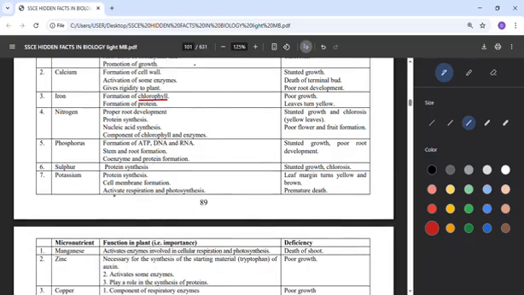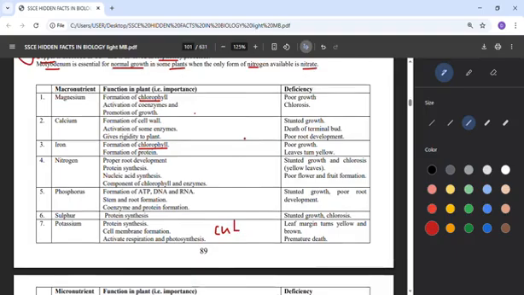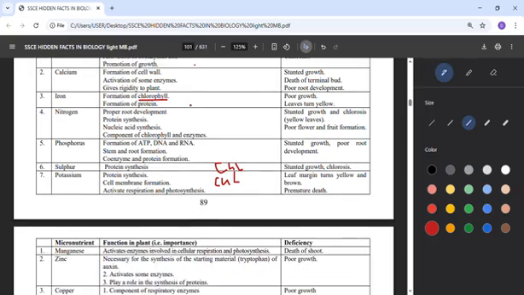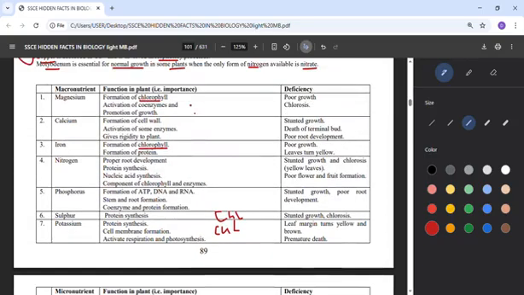So here we also still have chlorophyll, even though it's not mentioned, but we have seen it in the previous explanations. The S for sulfur is also for chlorophyll formation, the K, potassium, for chlorophyll formation, the iron, chlorophyll, then magnesium, chlorophyll formation.